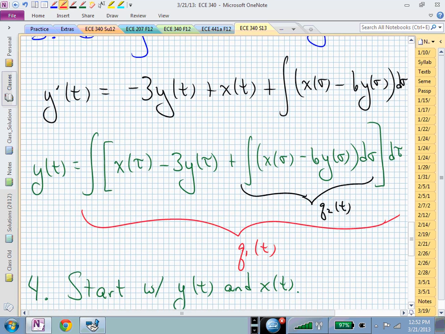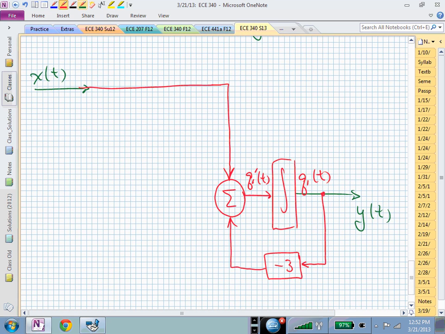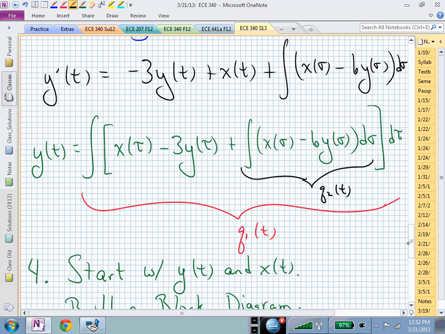I've now accounted for x. I've accounted for minus 3y. Now I just need to add in the output of the next integrator, and that's what I'm calling q sub 2. The other remaining term is now q sub 2 of t that creates q1 prime. Those are my three pieces that make up q1 prime. But q sub 2, I can find q sub 2 prime if I just slide inside that integral.